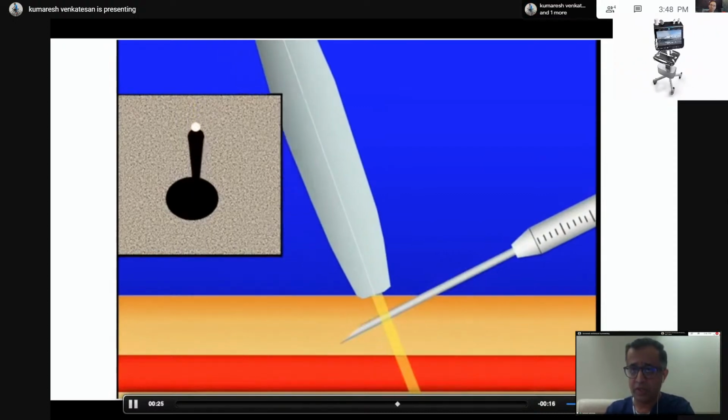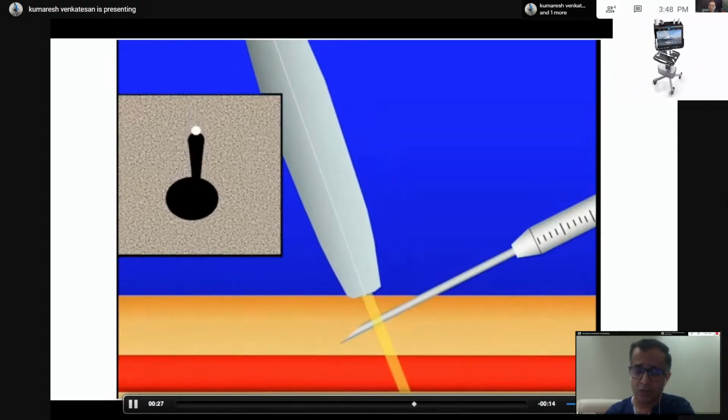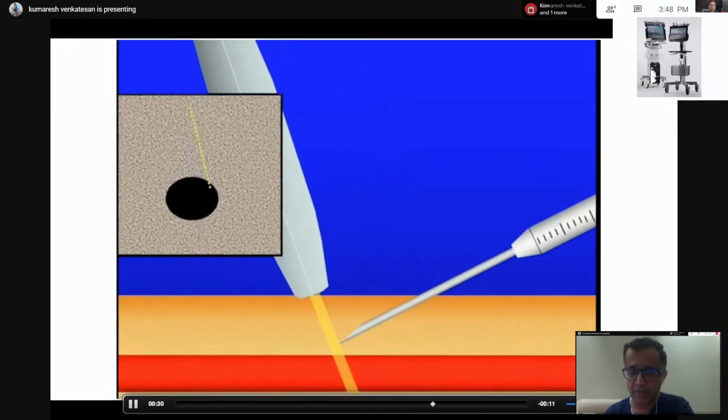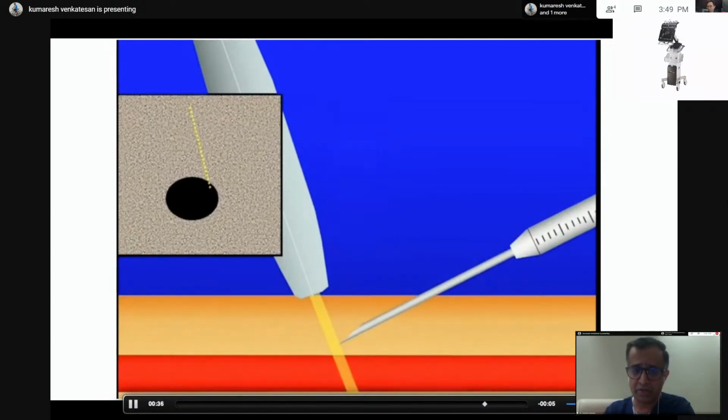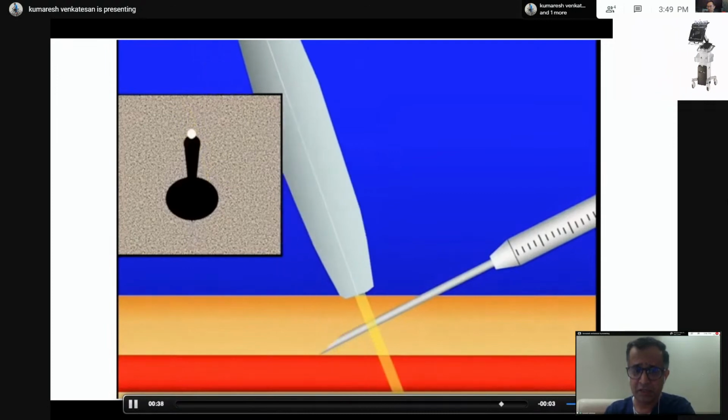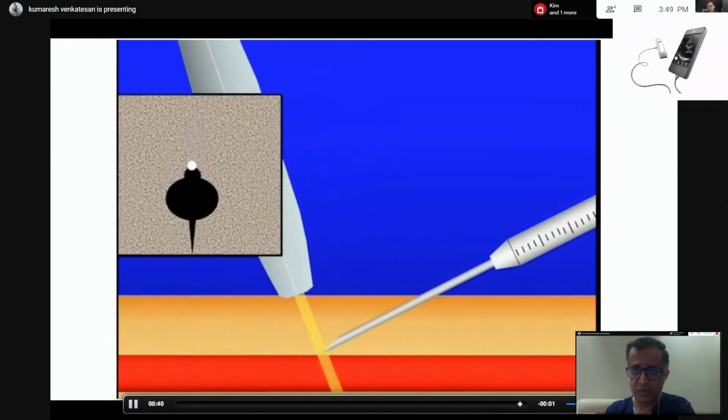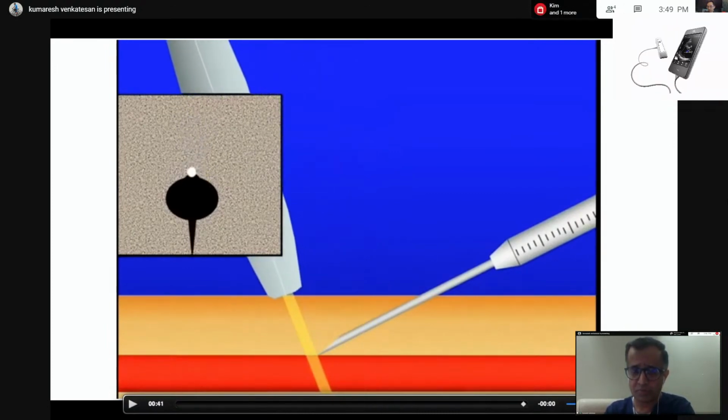In that way, you can constantly keep an eye on the advancing needle tip. And if needed, you can readjust the advancing needle so that you puncture the vessel right at 12 o'clock. That way you can maximize the chance of successful cannulation of the vessel.